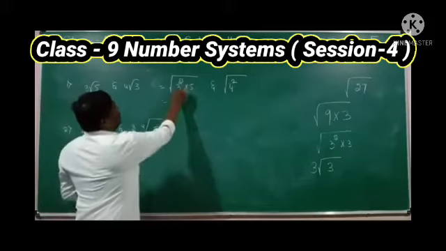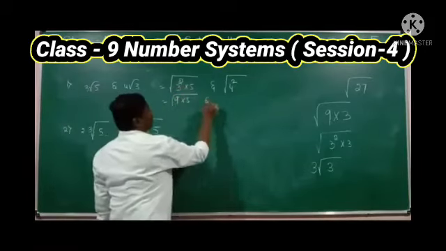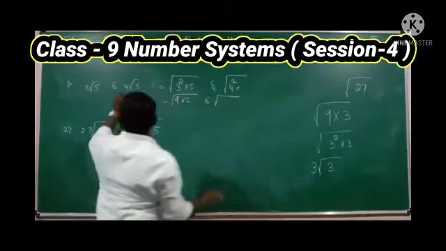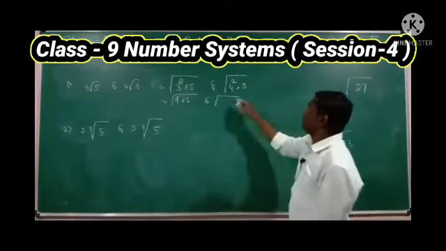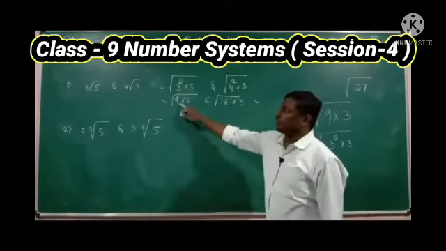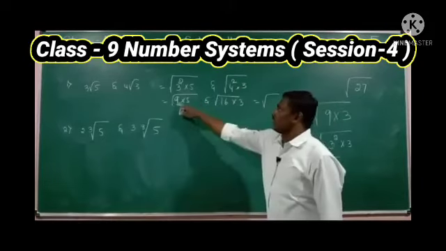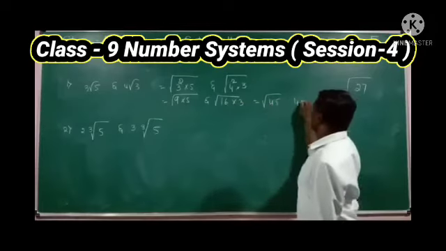Okay. So 3 square is 9 into 5. And the remaining one is 4 square into 3. So 4 square is 16 into 3. What will you get as the final answer? 9 5s are 45 and 16 3s are 48.